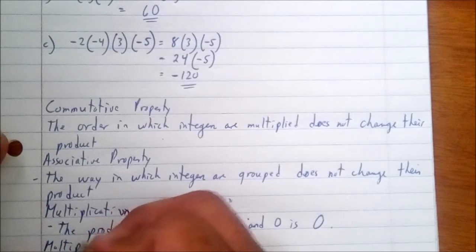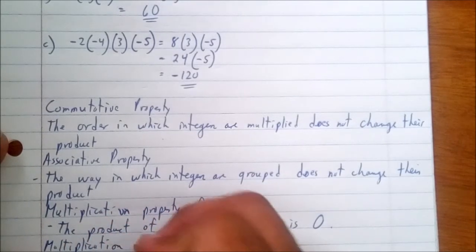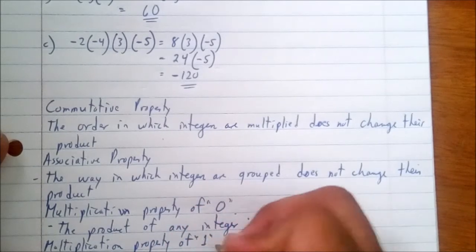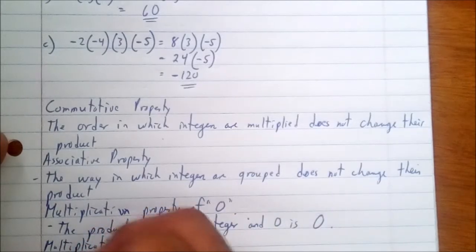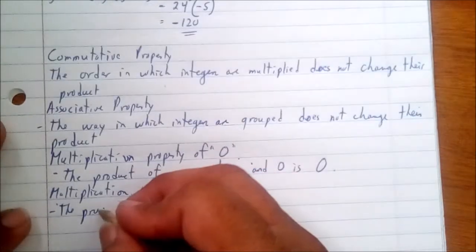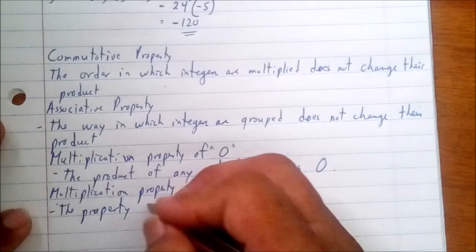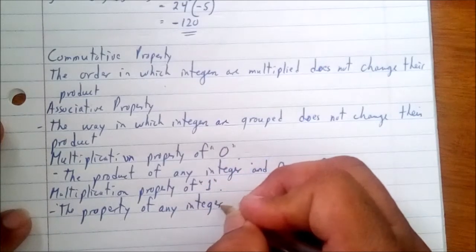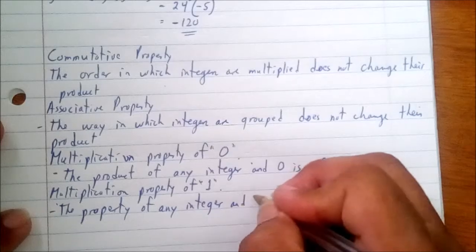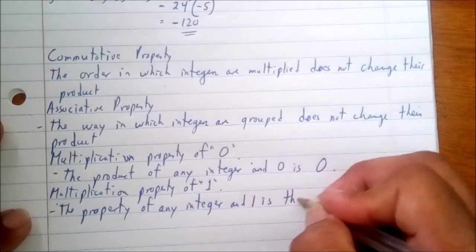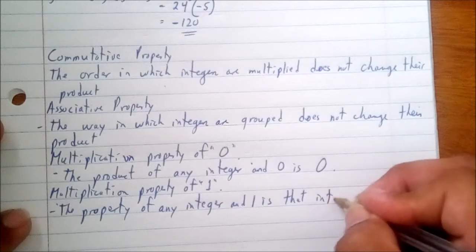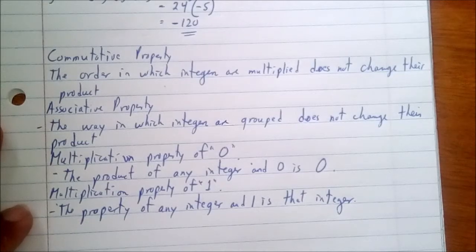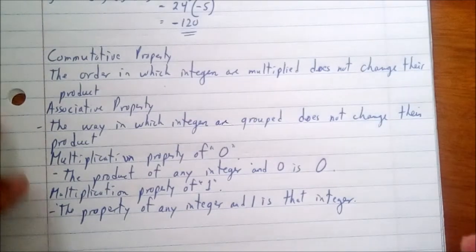Multiplication property of 1: the product of any integer, and absolutely any integer, and 1 is that same integer. Okay, so that should not be any problem for us to work with.